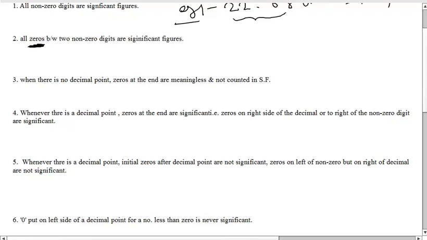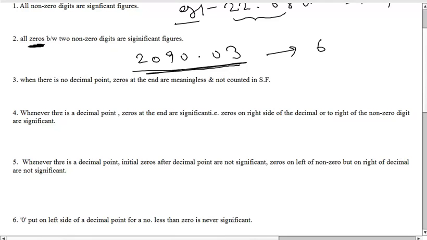For example, take 2090.03. We need not be confused whether a zero is after or before the decimal point. Since all the zeros are between two non-zero digits, all zeros will be counted as significant figures. So the significant figures in this case are 6. Done?